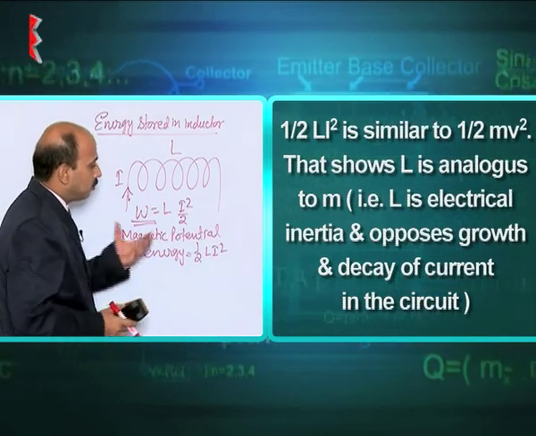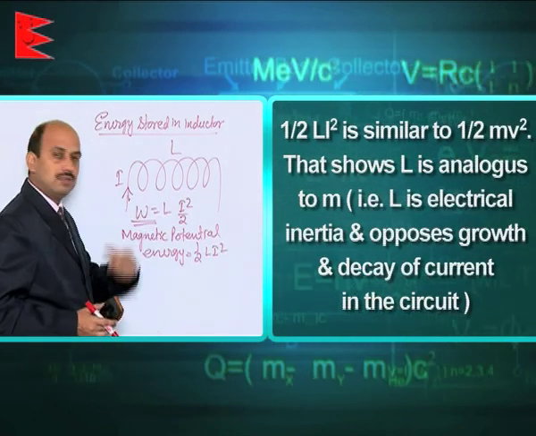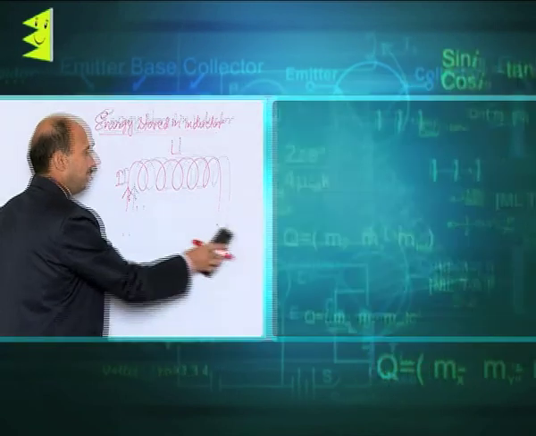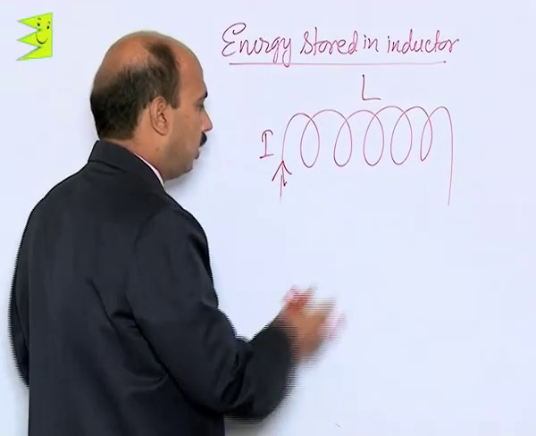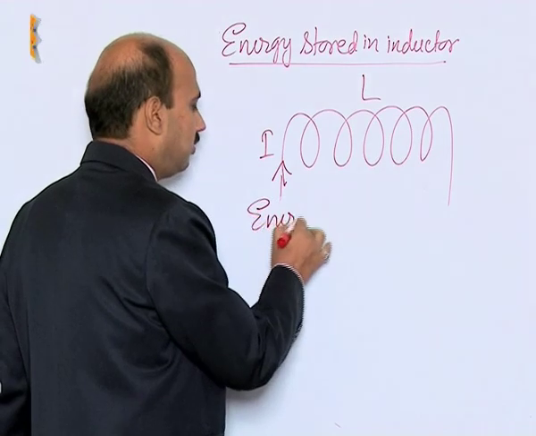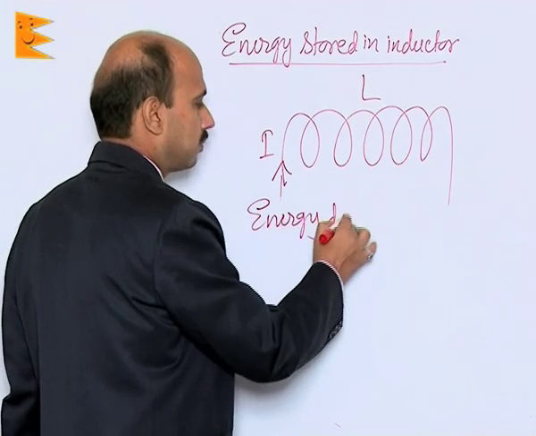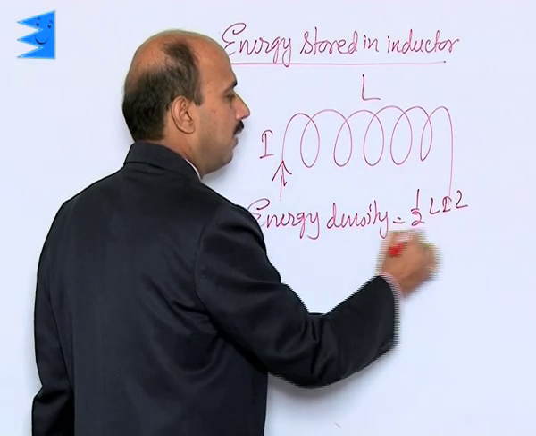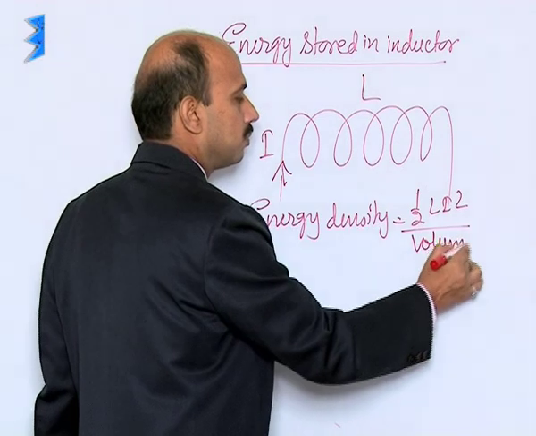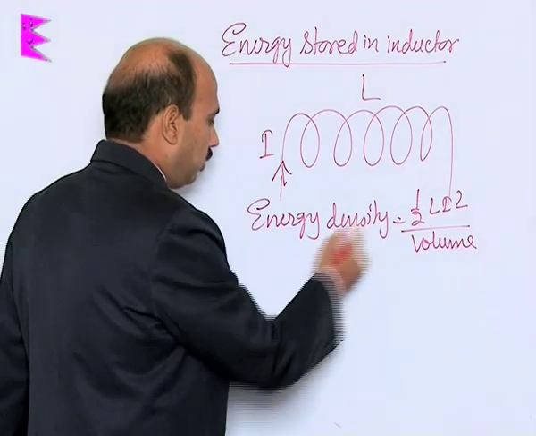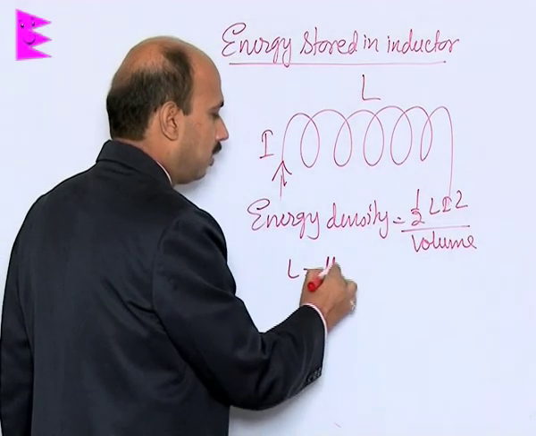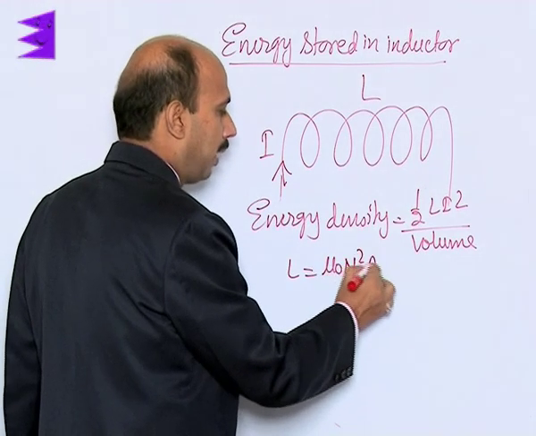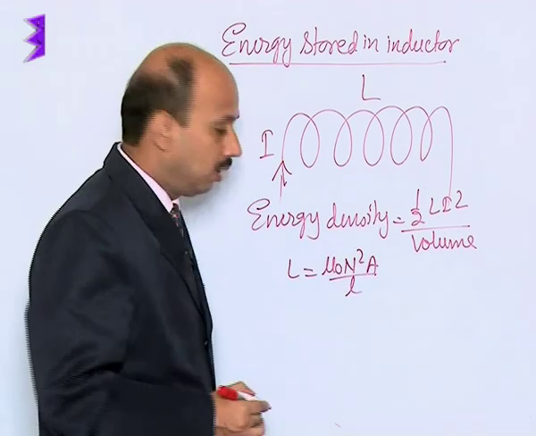And we can also calculate the energy density. For calculating energy density, we take total energy divided by volume. So, energy density is equal to half L I square divided by the volume of the solenoid. We know L is equal to mu naught n square A by l, we have already derived this formula.